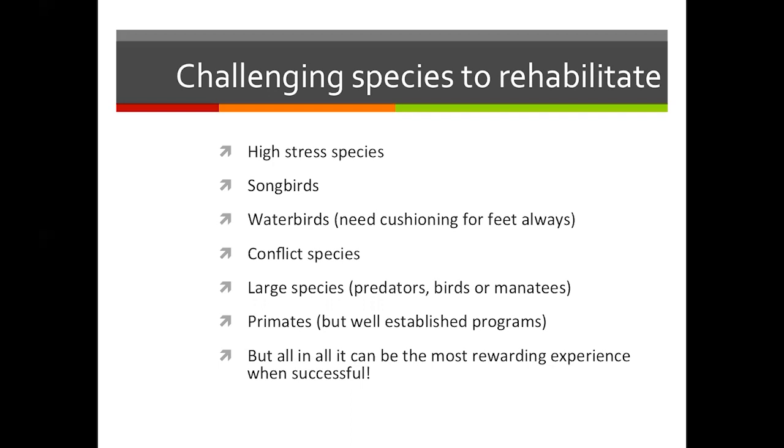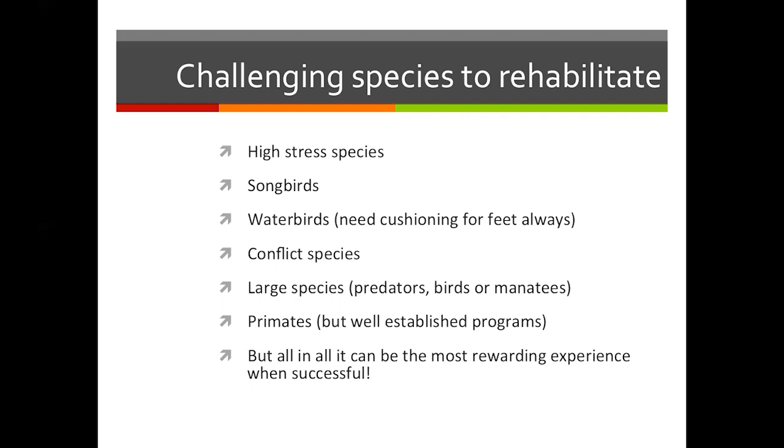And as you remember from our talk about the assessment and examination, stress alone can lead to shock and death. Water birds are also challenging due to their adaptation to living in water, and you always have to put extra effort into cushioning to avoid pressure sores.